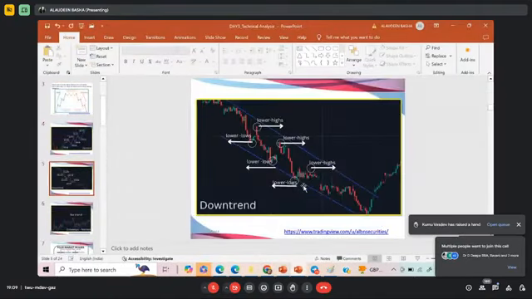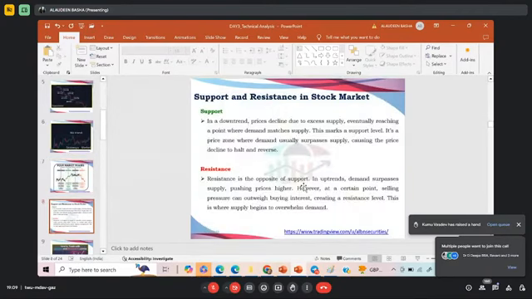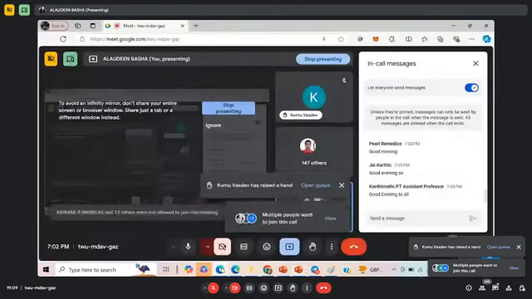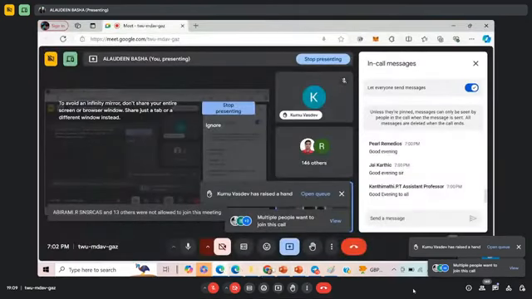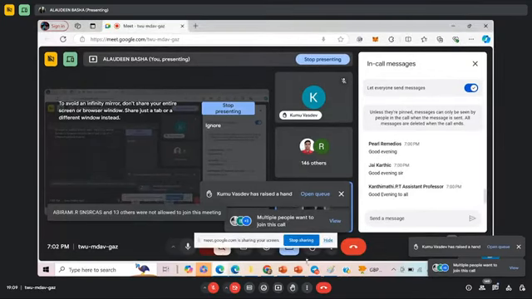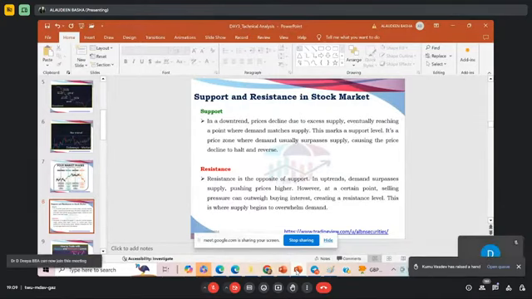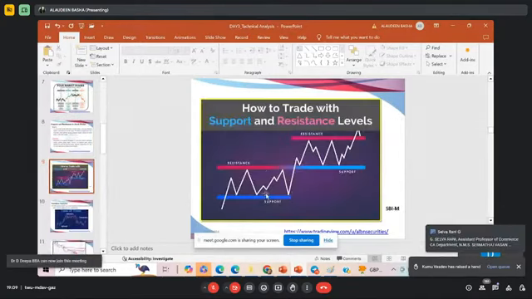Next we discussed trend line. Before going to trend line, we find out the support and resistance. It's a very important one. Based on support and resistance, we can find the exact value of a particular stock and predict its future value. So this is support and this is resistance.